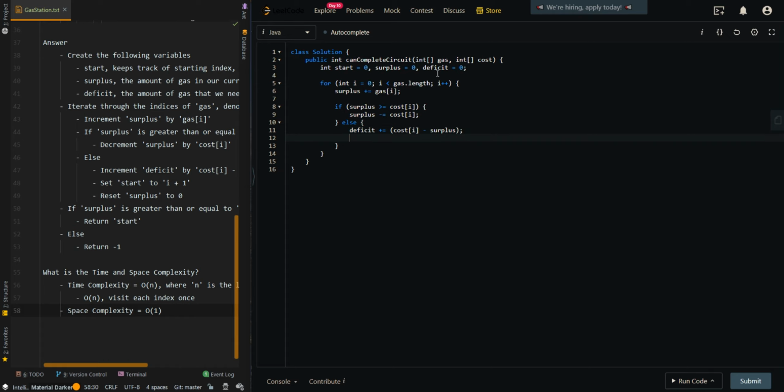Then we have the starting index start from the next index, and we reset the current amount of gas in our tank to 0. Then we return if surplus is greater than or equal to the deficit. This means we can go around the circuit once, starting from the starting index, so we return start. Else, we cannot go around the circuit, so we return -1.